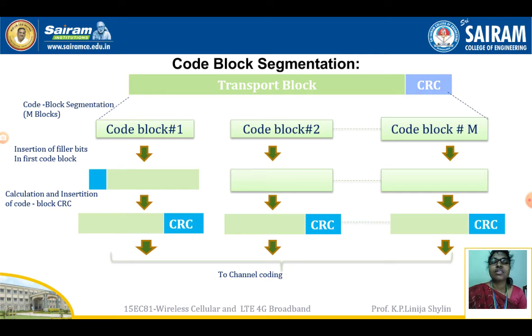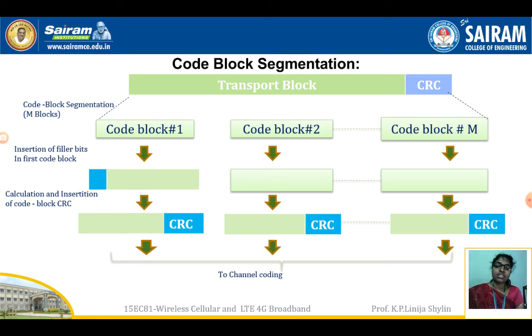What do you mean by insertion of filler bits? It is the insertion of non-information bits into the data bits. Already the transport block consists of some data bits. Along with the data bits, we are inserting some non-data bits, which we sometimes call bit stuffing. After this insertion, we go for the calculation and insertion of CRC.